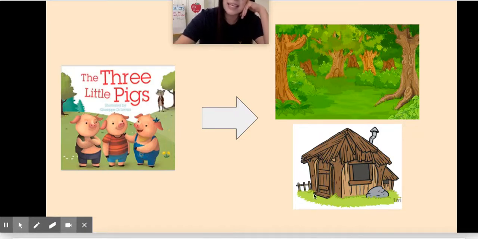That is the setting for the story, The 3 Little Pigs. And if you can see in this story, the cover, I can see the trees in the background. It looks like daytime. I see the grass. So I know that the setting is outside. Okay? Let's look at another one.